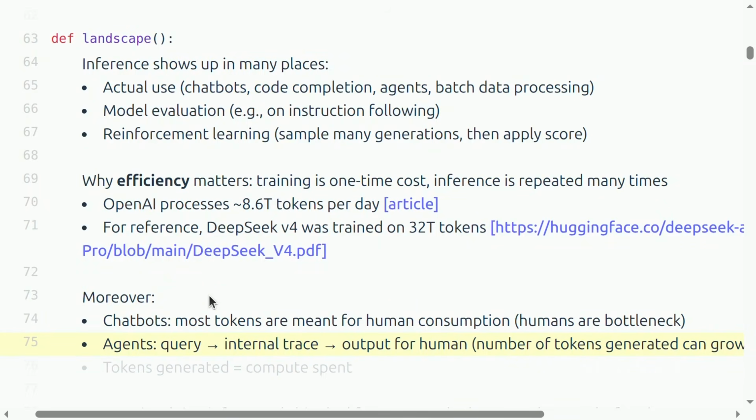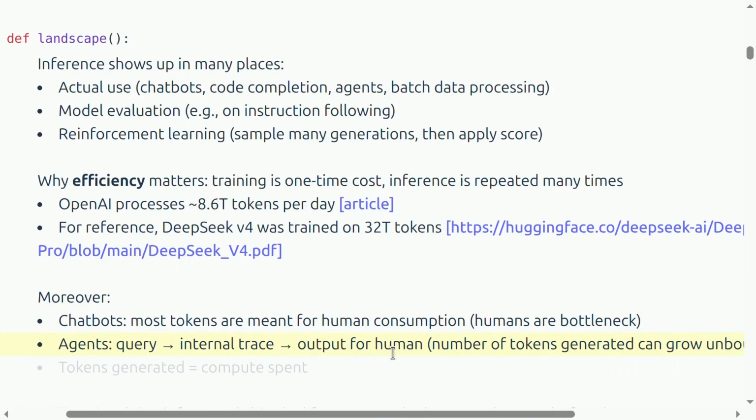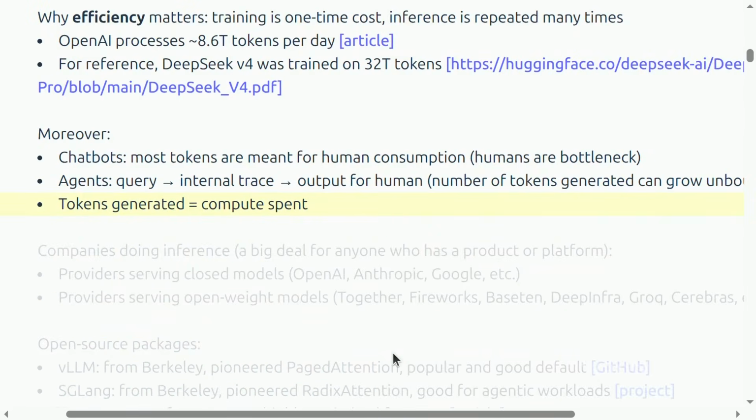It's going to think, it's going to reason, it's going to call some tools, it's going to introspect, and at the end of the day, it will produce some output for a human to read. So most of the tokens that the agent produces are actually not for reading. And so you should really think about the number of tokens generated as the compute spent.